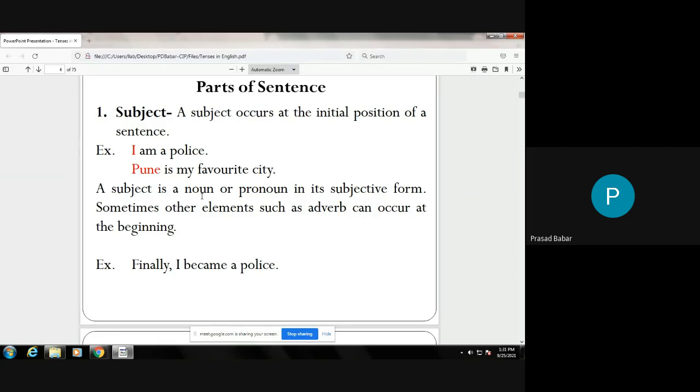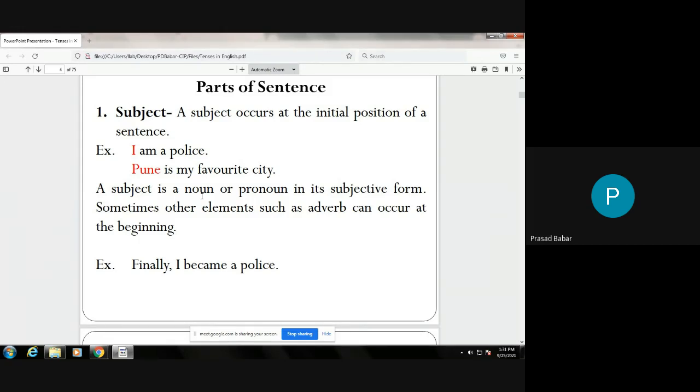What is the subjective case of a pronoun? It is the form when we use it in the active voice. When we are speaking sentences of active voice, then we use the subjective case of a noun.